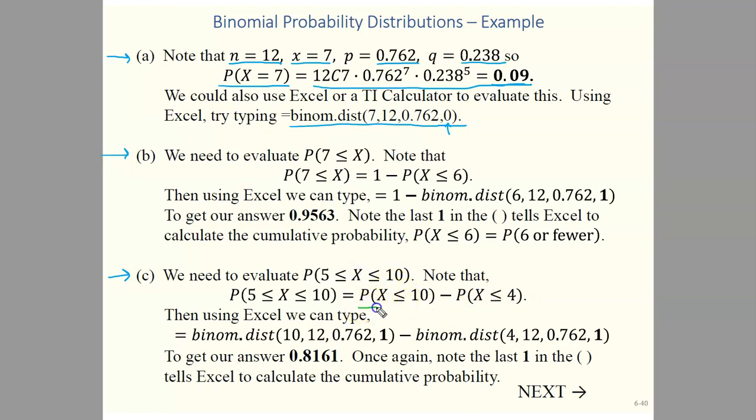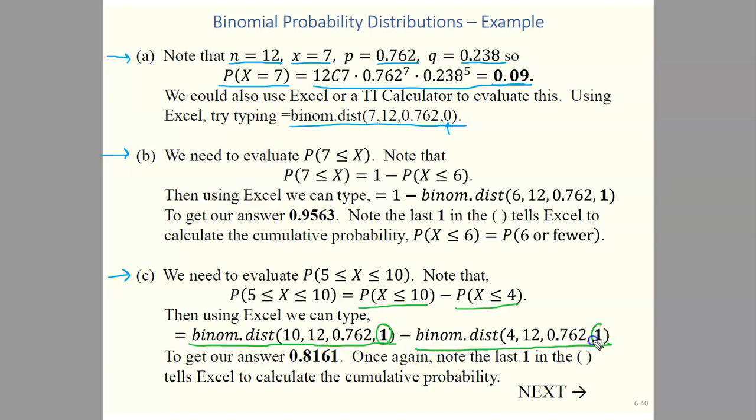So now to evaluate each of these using Excel, we can use the cumulative binomial distribution. So this piece right here is entered like this. Once again, notice that we have a 1 right here. So that will give us the probability that X is 10 or less. And then the probability that X is less than or equal to 4 is this one right here.